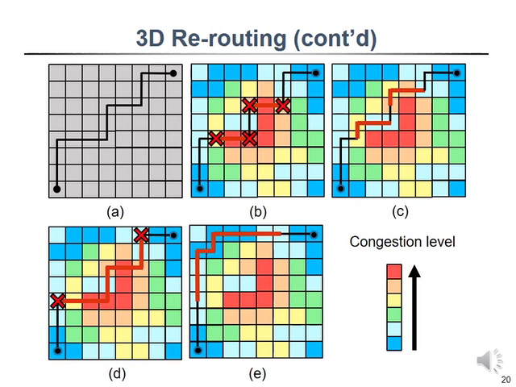In contrast, since our concurrent layer assignment scheme assigns the segments of a net from its pins, the unassigned segments of the net are connected as shown in Figure D. Thus, as illustrated in Figure E, the rerouting of the unassigned segment may find a less congested path due to the larger solution space.